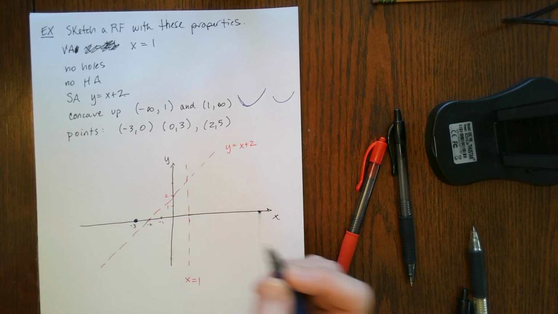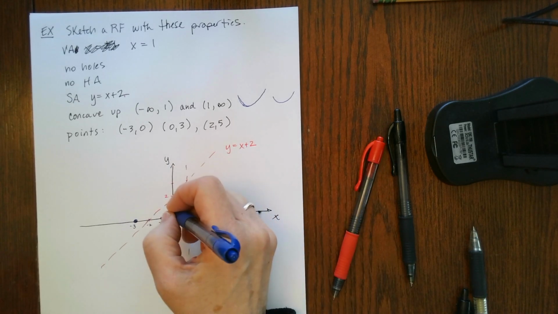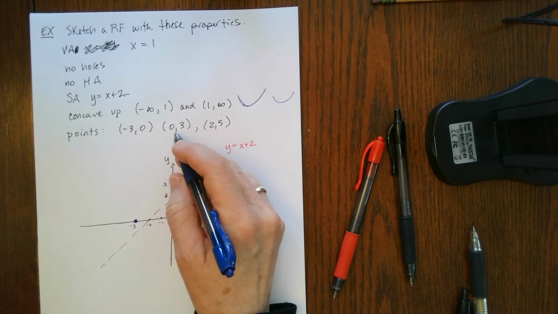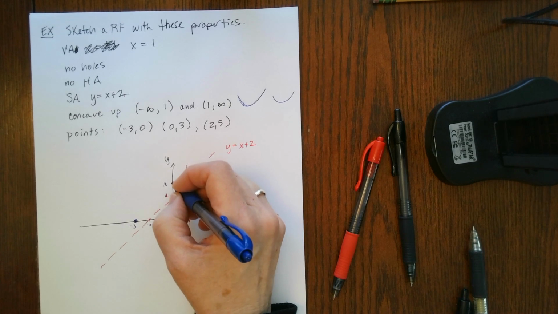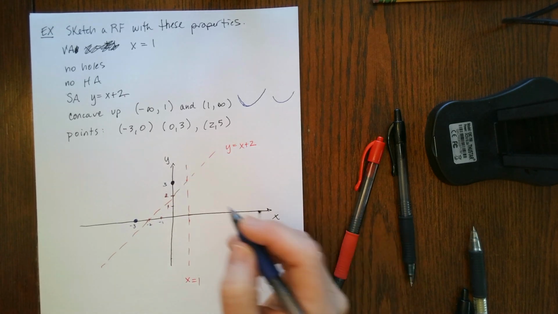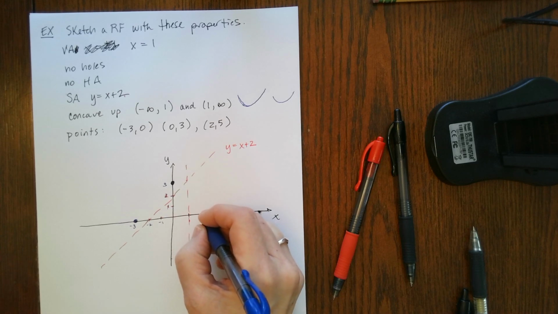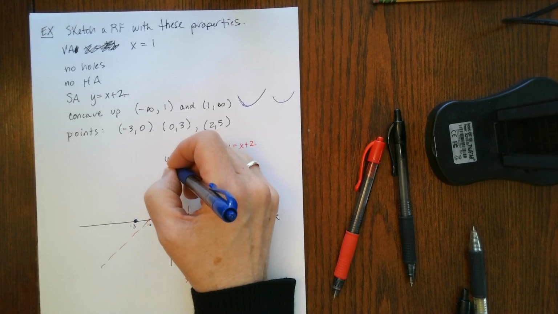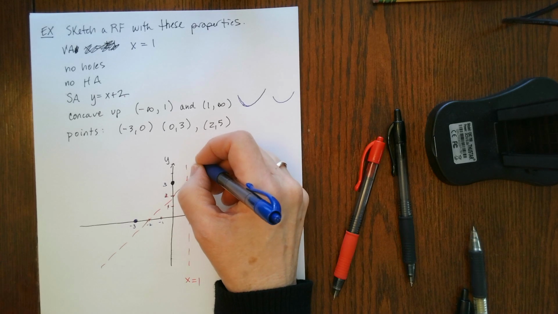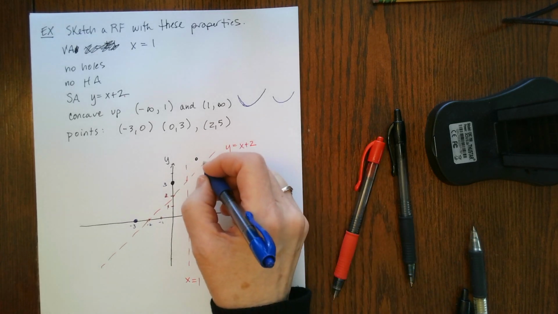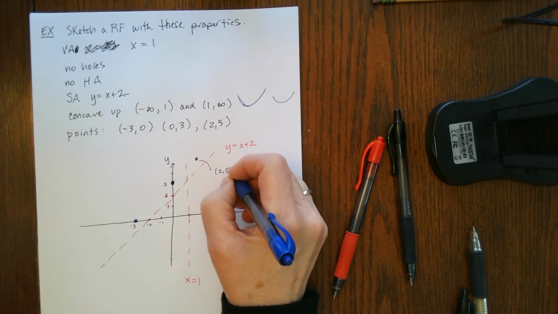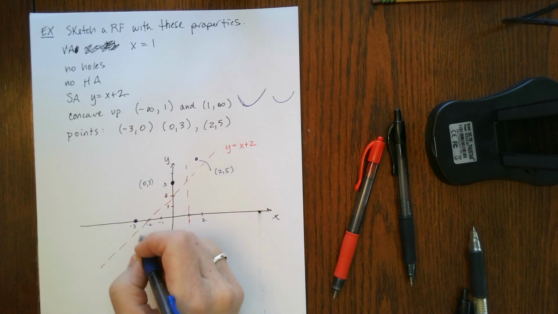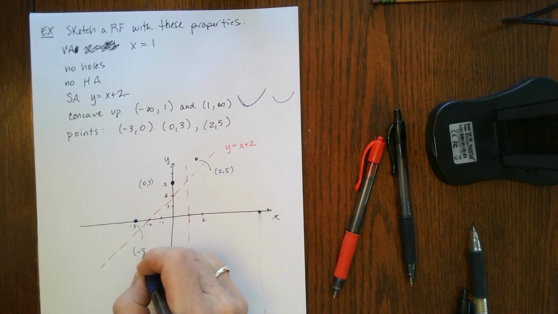So it hits at (-3, 0). We also know it has a y-intercept at (0, 3). Okay, and then this is 1. Let's put 2 here. So 3, 4. Okay, so up here would be the point (2, 5). This is the point (0, 3), and here's the point (-3, 0).